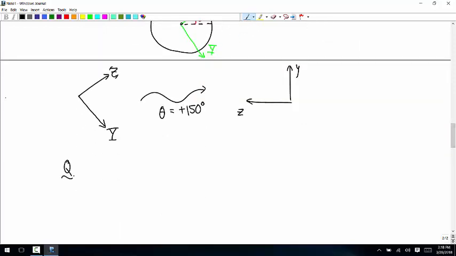And so the rotation matrix is 1, 0, 0, 0, cosine of 150, sine of 150, 0, negative sine of 150, cosine of 150.